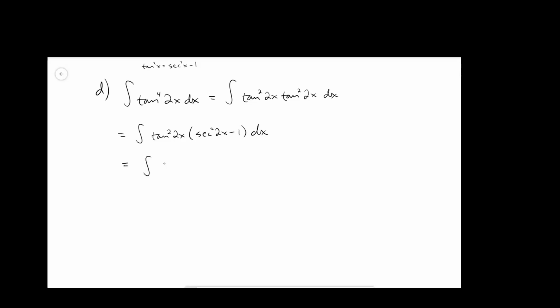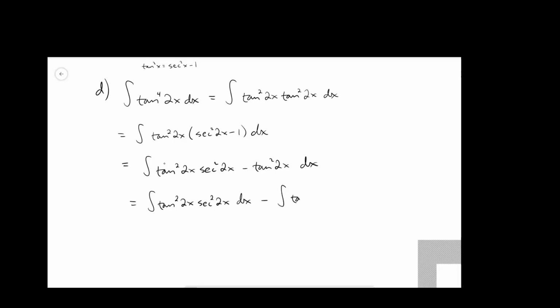So we're going to get, distributing that, okay, let's do these separately. In fact, I'm going to rewrite this as the integral of tan squared 2x secant squared 2x as a single integral, and then minus this integral. Okay, now looking at these separately.